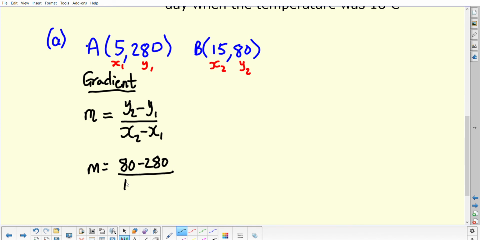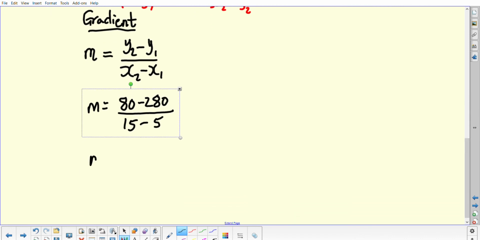So subbing in my values here, I'm going to have M equals 80 minus the 280 over, and on the bottom I will have 15 minus the 5. So I continue working out each bit, top and bottom. That is going to give me negative 200 over 10, which means that I end up with a gradient value of negative 20.